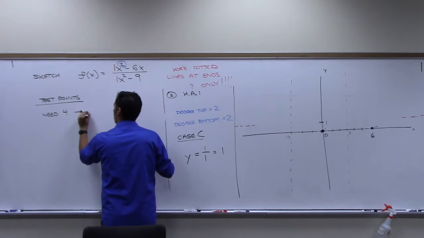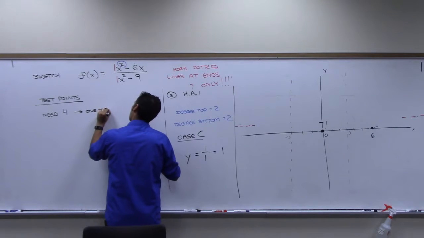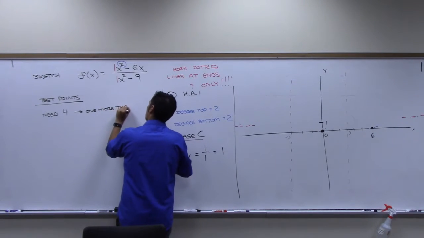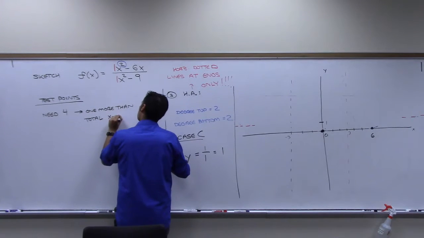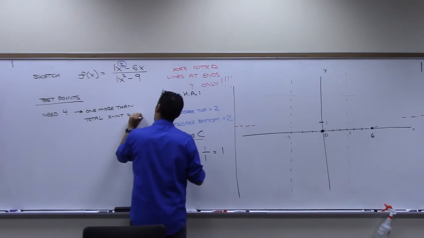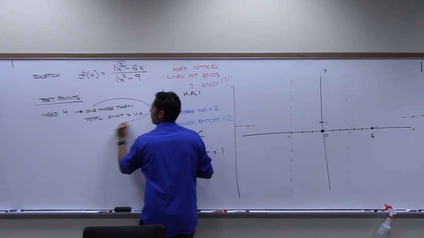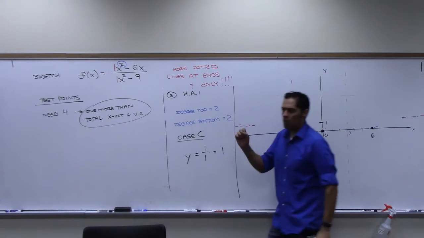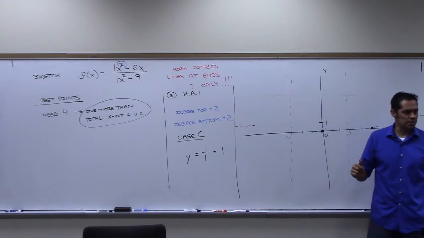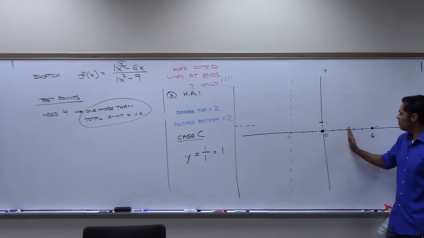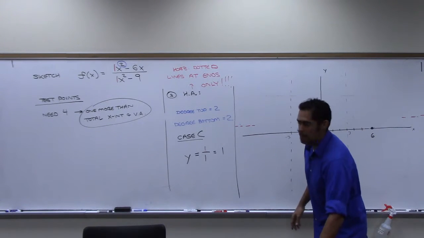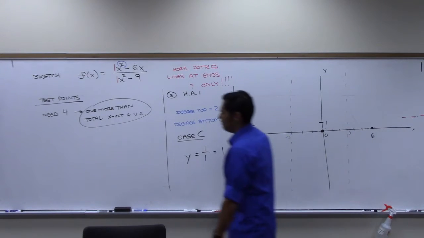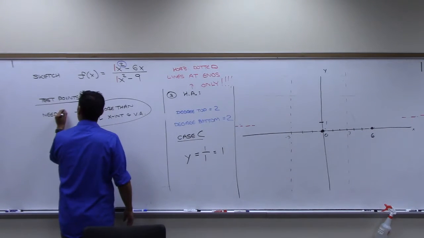Okay, one more than total x-intercepts and vertical asymptotes. Understand what I mean by this? You'll always need one more than the total number of x-intercepts and verticals together. I had 2 verticals, 2 x-intercepts. Yes, I need 5. Sorry.